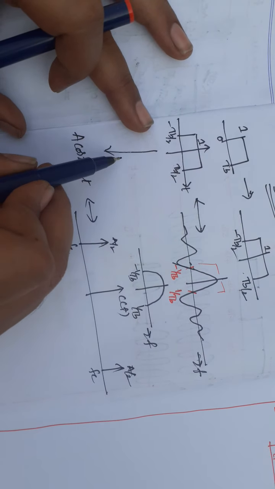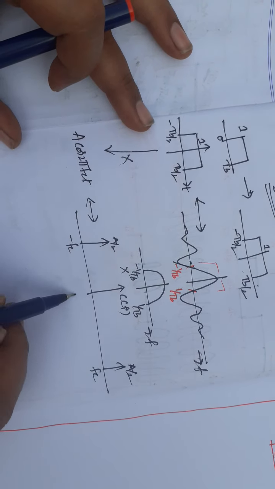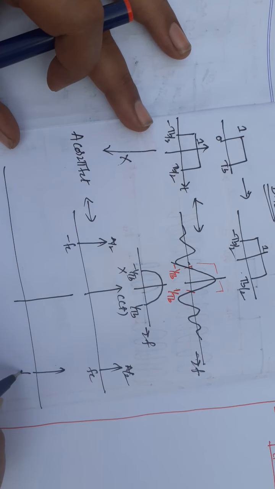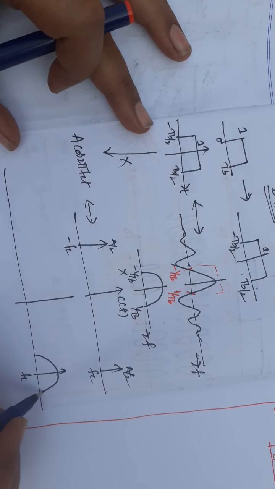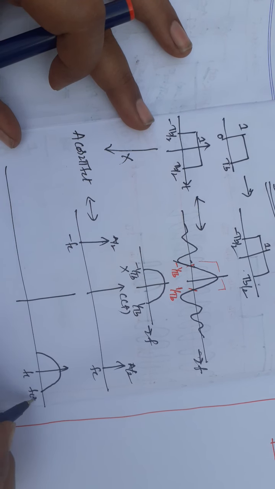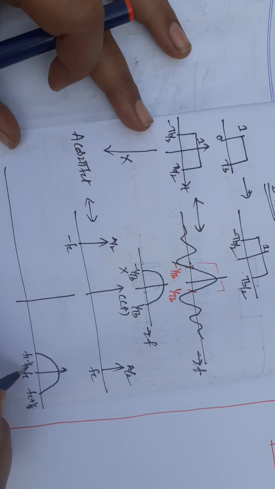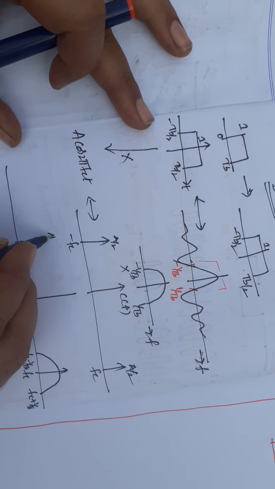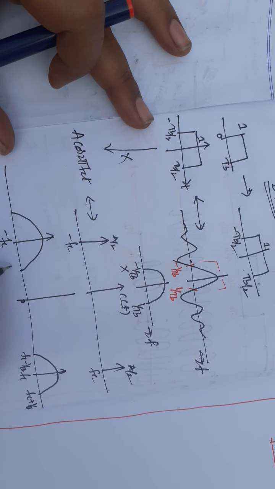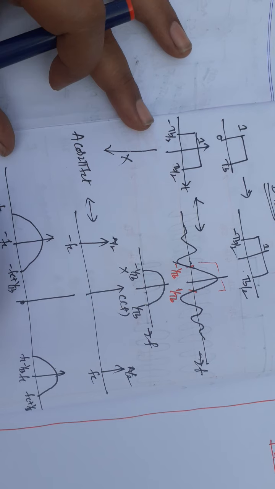Now by multiplication of these two, we will get a signal like this, shifted around fc, from fc plus 1 by TB to fc minus 1 by TB. Similarly, on the negative side also, around minus fc, minus fc plus 1 by TB and minus fc minus 1 by TB.